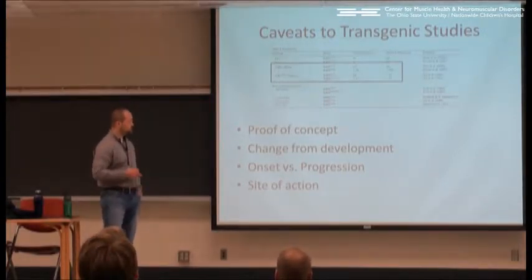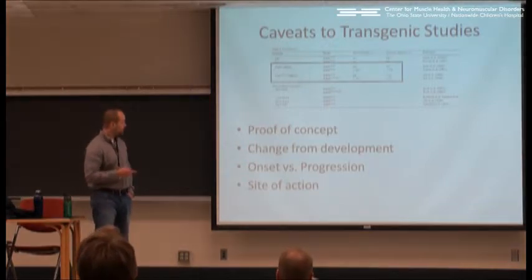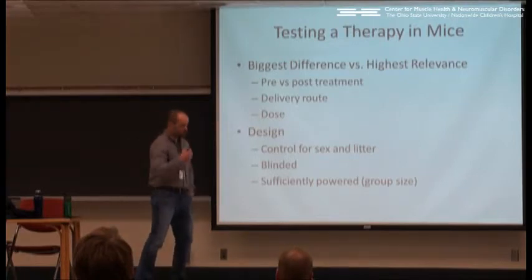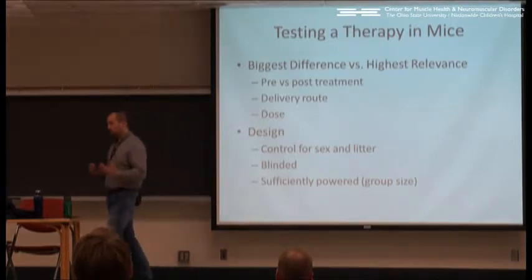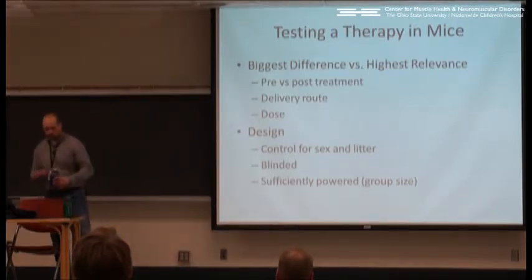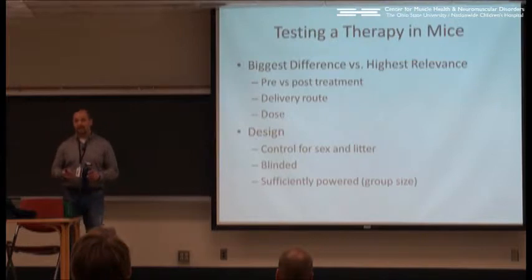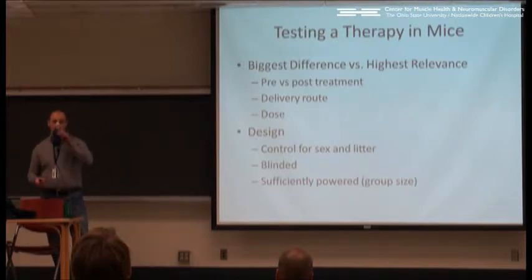But in many cases, that's not the case. So if you've identified your candidate gene or your candidate pathway, then to me the logical progression is to an actual therapeutic study.